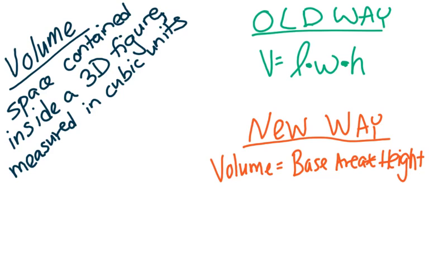And that is the height of the prism. We should specify that. Maybe I'll put that here. Times prism height. That formula is often written as big V equals big B times H. So this is our new way of thinking of volume, and I'm going to show you how it works in the next slide.